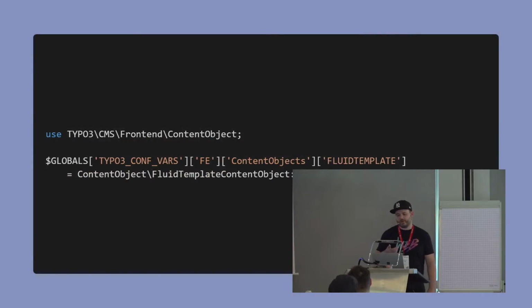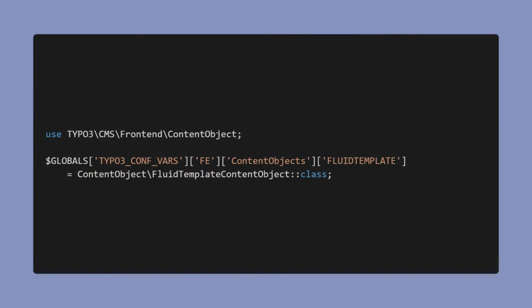We can look in the frontend extension of TYPO3 to see how this is done. TYPO3 converts frontend content objects, and then you see Fluid template. This is a tag you will use in your TypoScript, and you can register whatever you want. You register a new class that is going to render this.